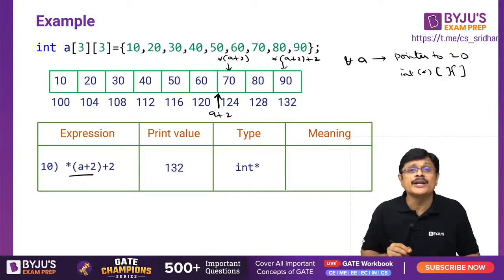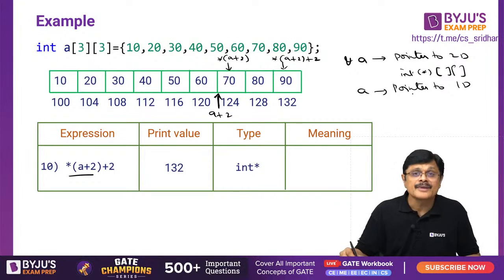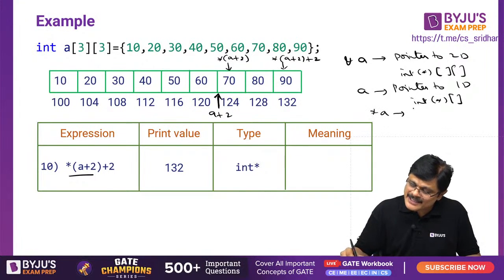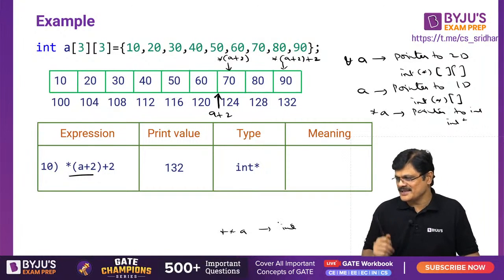It is a pointer to 2D array. Whereas A is pointer to 1D array. So we write like this, int star, like this. It is a pointer to 1D array. Whereas star A is pointer to integer. It is simply int star. Whereas star star A is integer, in this case.